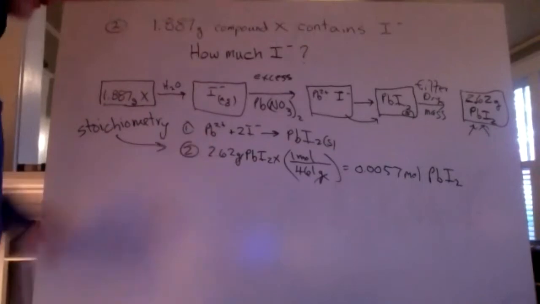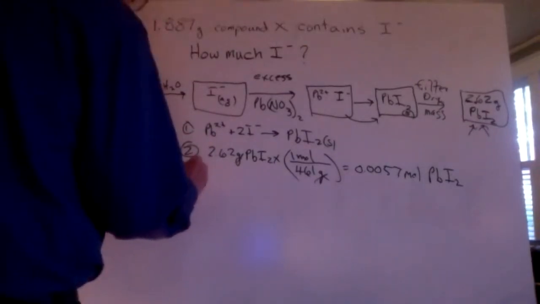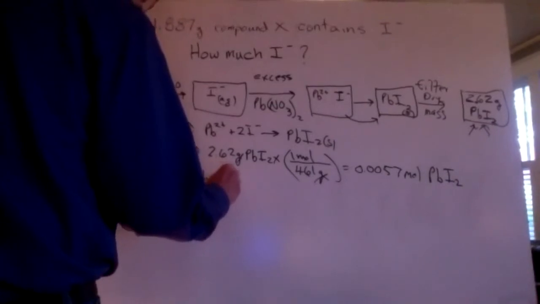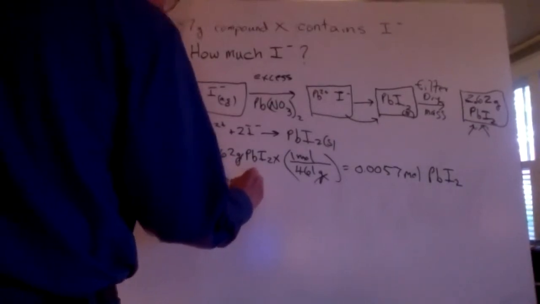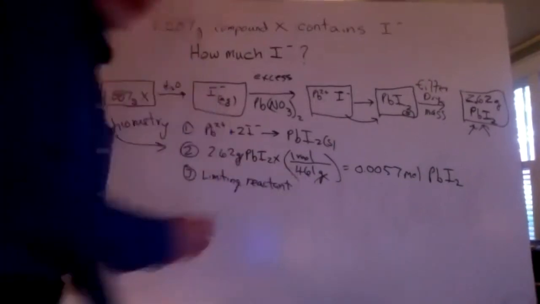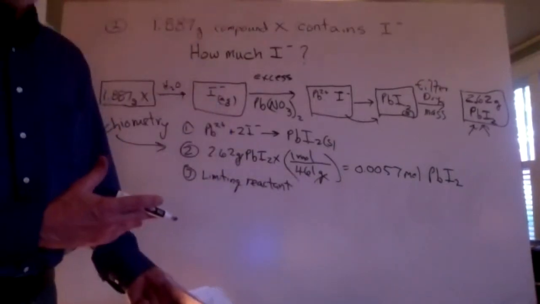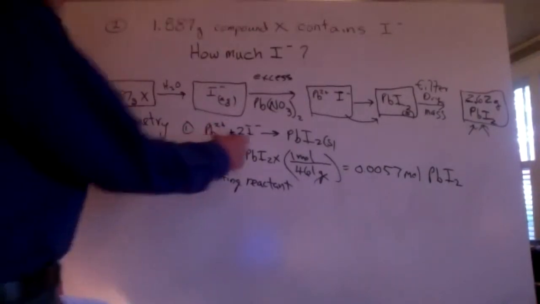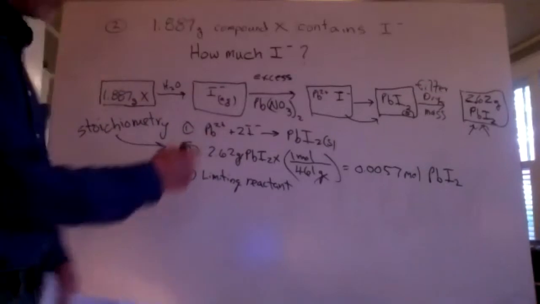Now, step 3 in a stoichiometric problem is to find the limiting reactant. What is the limiting reactant in this reaction? Here are 2 reactants, and one of those 2 is going to be limiting.